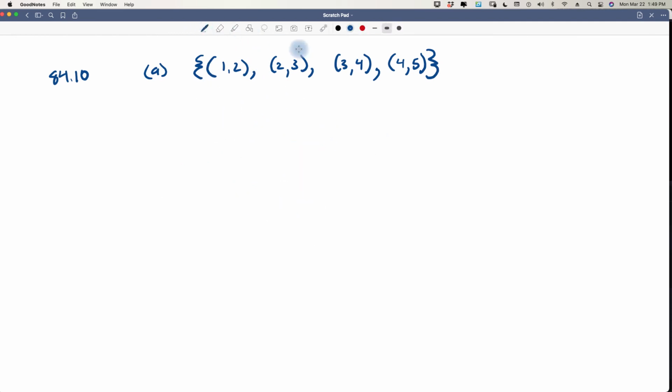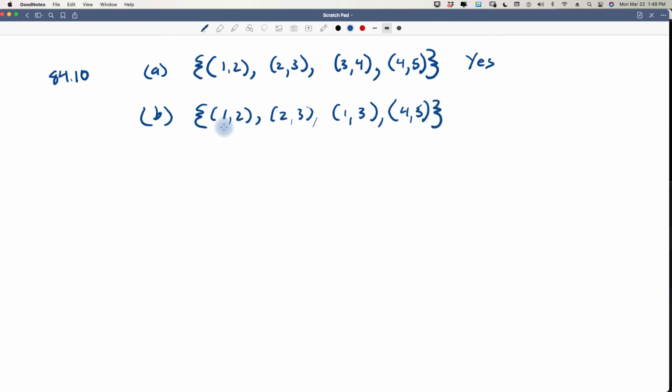Or, I'm sorry, a function, so yes. In B, we are given this set of ordered pairs: 1 and 2, 2 and 3, 1 and 3, and 4 and 5.